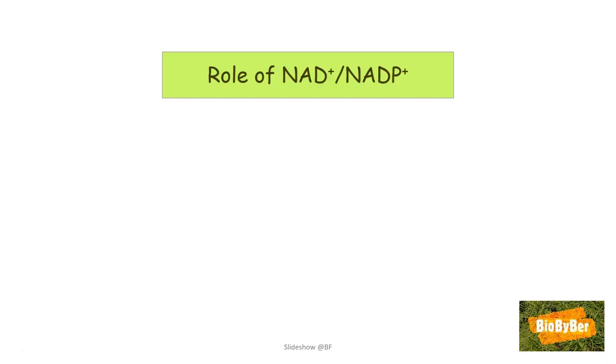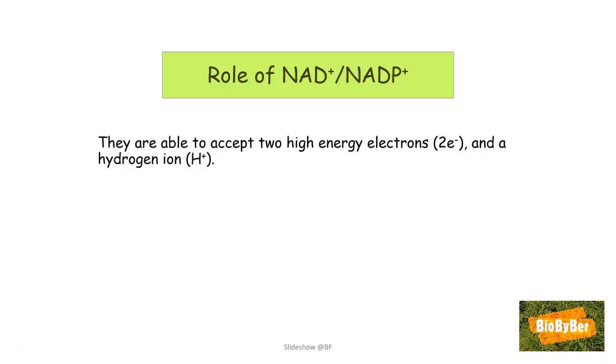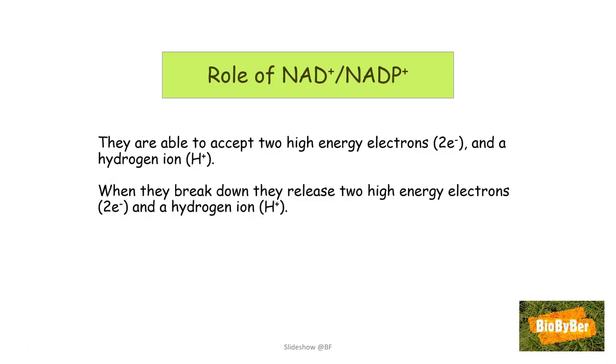Now, what is the role or the job of NAD plus or NADP plus? Well, these 2 chemicals are able to accept 2 high energy electrons, 2 high energy particles that are negatively charged, and a hydrogen ion, a H plus or a proton. And when they break down, the reverse happens.